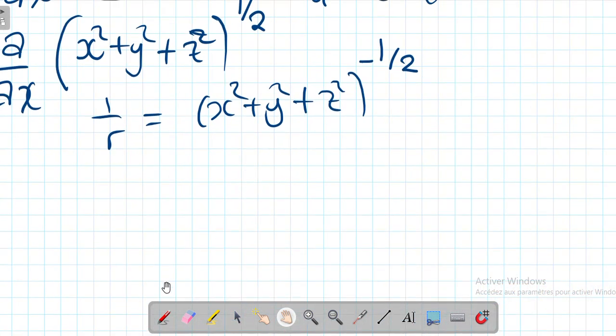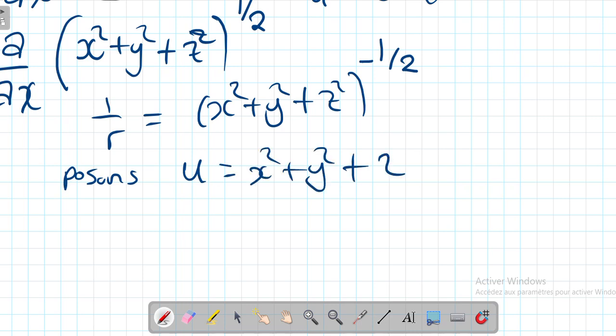And then 1 over r is your function, so you're going to say, suppose u is equal to x squared plus y squared plus z squared, right? So your function, your 1 over r, will be the same as this is u. If you are saying this is u, you're going to have u to the power negative 1 over 2.